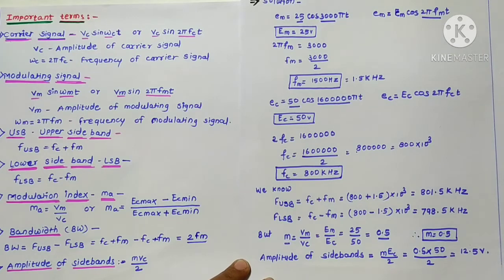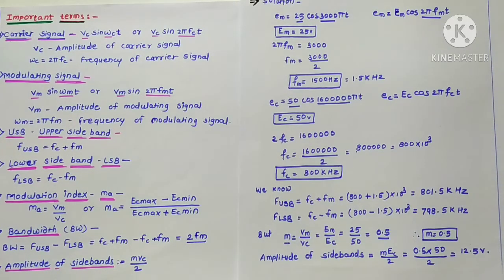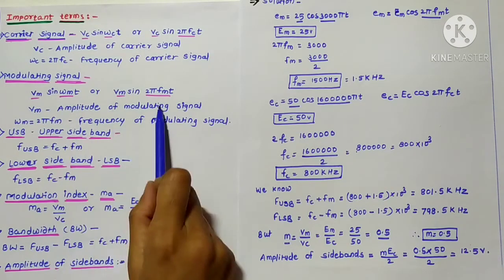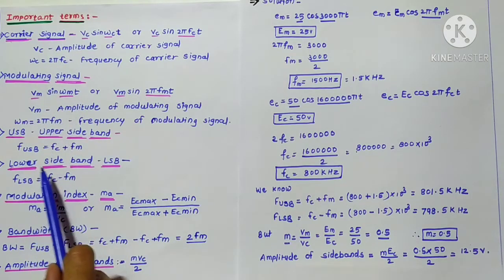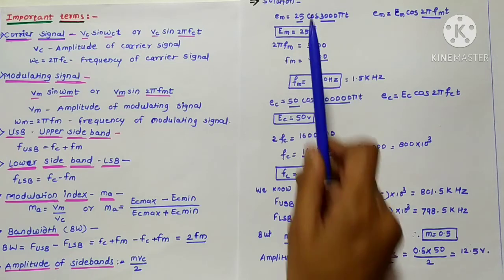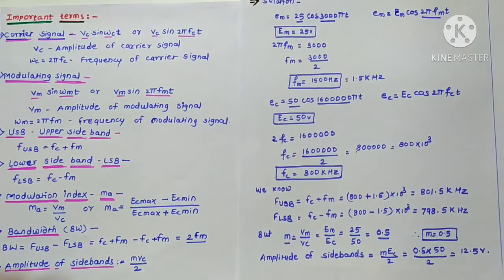Okay students, in this way you can find out the different terms with the help of these formulas: carrier signal, modulating signal, USB, LSB, modulation index, bandwidth, amplitude of sidebands. First you have to read the problem carefully.